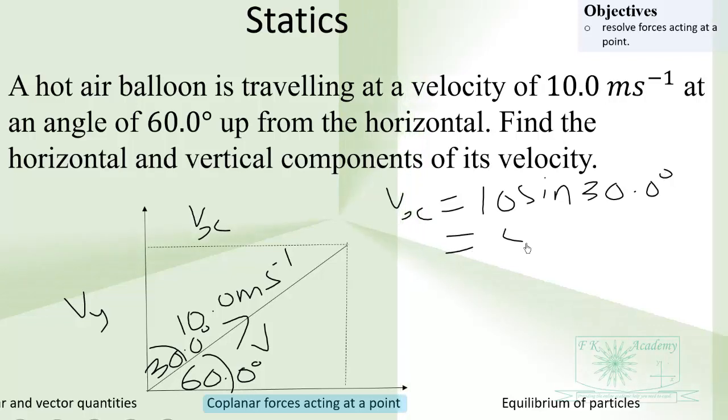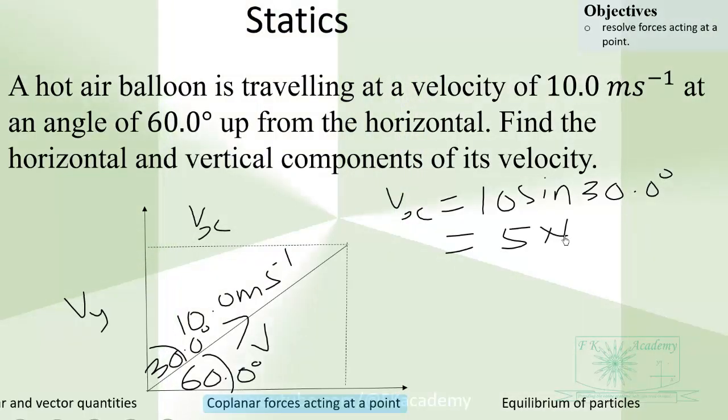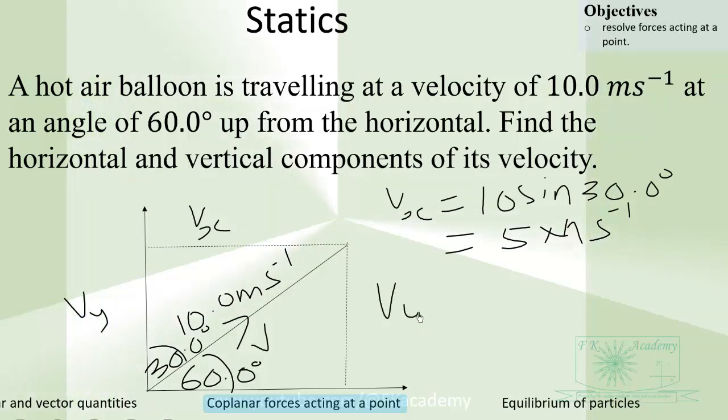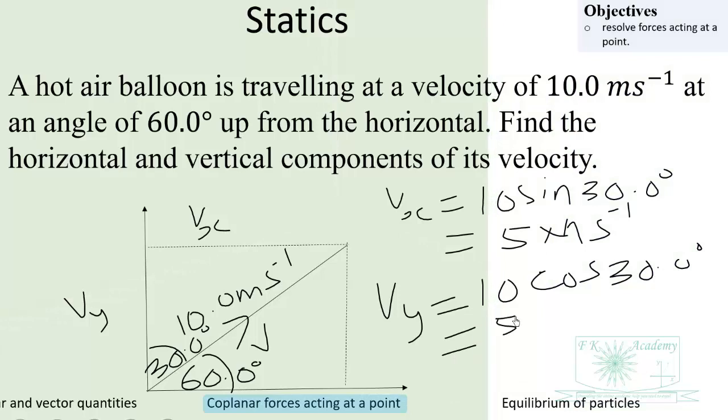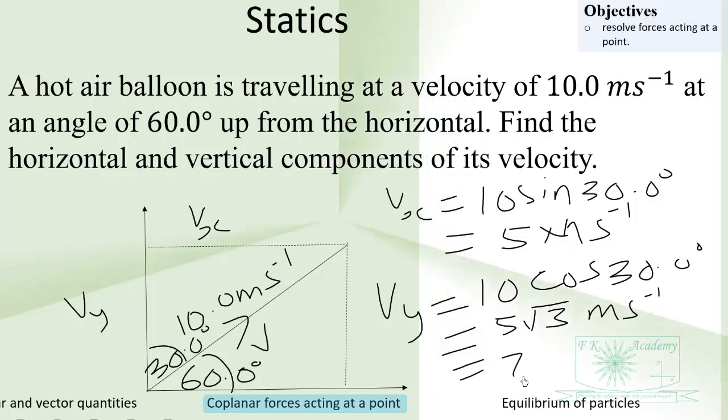And that will be equal to 5 meters per second. Then the vertical component will be equal to 10 cos 30.0 degrees, and that will be equal to 5 root 3 meters per second, or 8.7 meters per second.